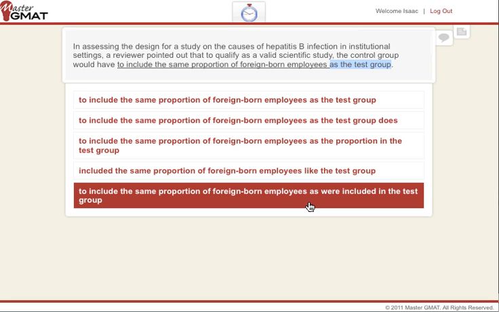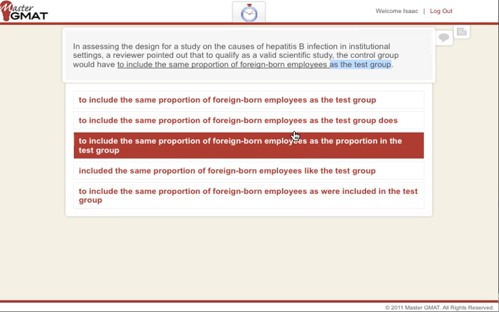Now, the passive is always less preferred than the active. Everything else being equal, meaning if there are no grammar errors, and one sentence is active and concise, and the other sentence is passive, we get rid of the passive. Passives are not well liked. It doesn't mean that passives are incorrect. Passives can certainly be correct. However, if one fixes the passive and doesn't contain any grammatical errors, we pick that one.